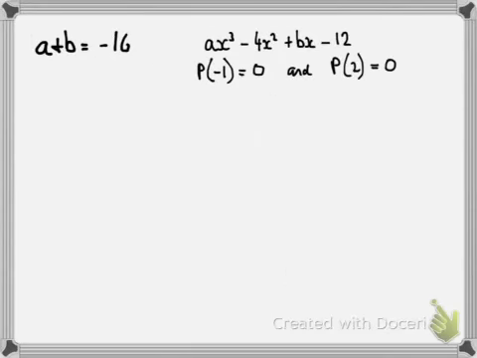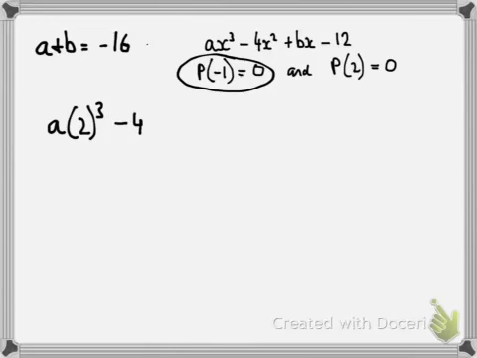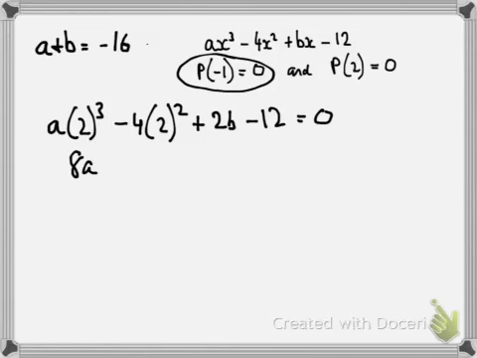Alrighty, so just resuming this question, we've got a plus b equals -16, and that comes from the fact that p of -1 equals 0. Now we're going to look at p of 2 equaling 0. So that's a times 2 cubed minus 4 times 2 squared plus b times 2, so 2b, minus 12 equals 0. So that's 8a minus 16 plus 2b, take 12 equals 0.